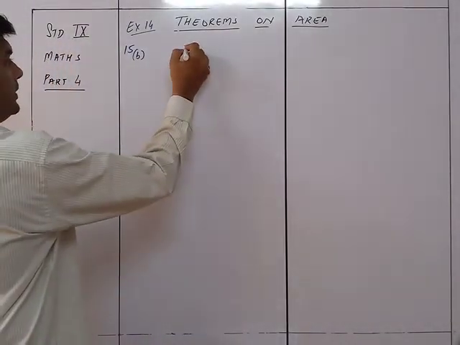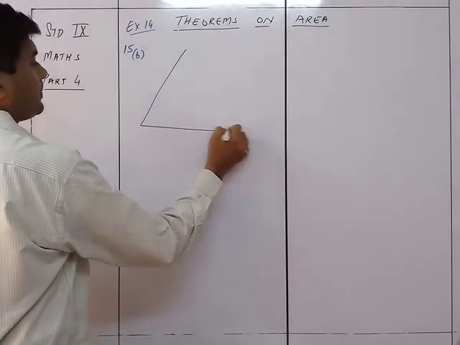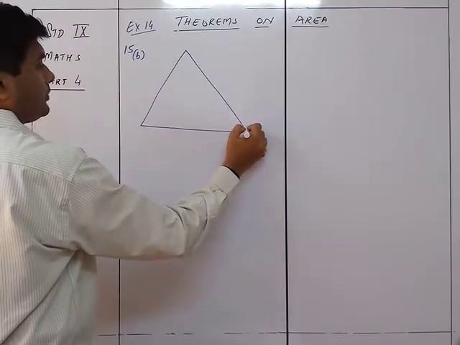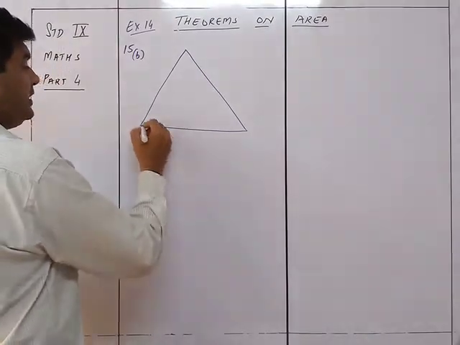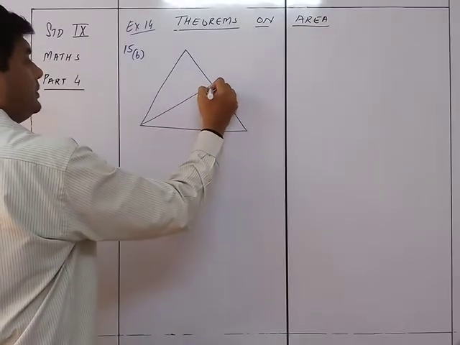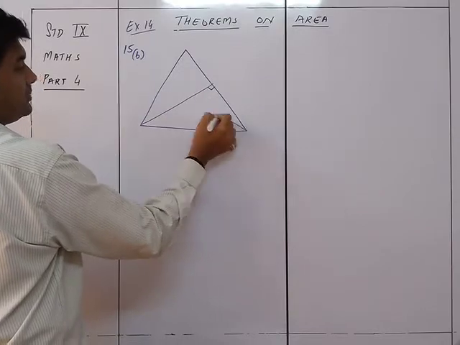So you have over here a triangle which is having 3 altitudes.